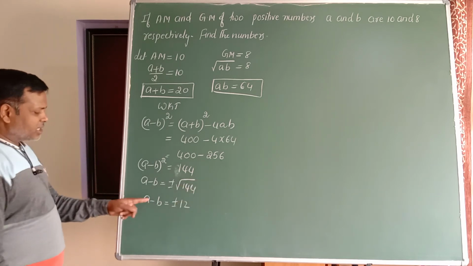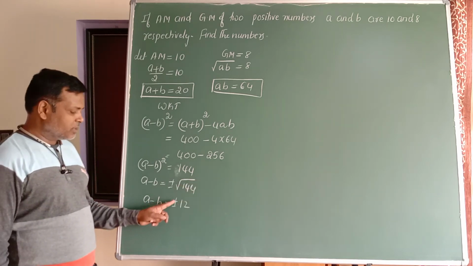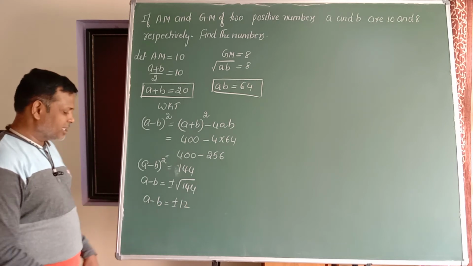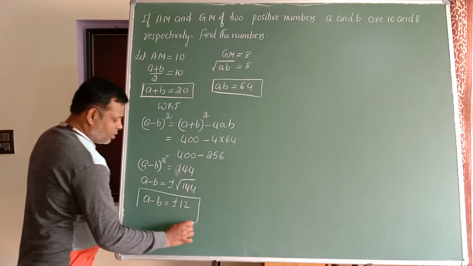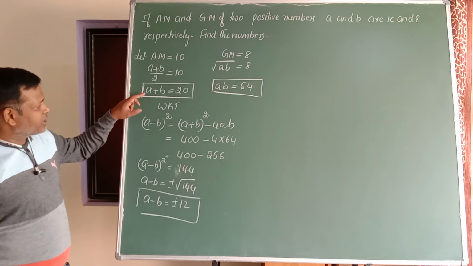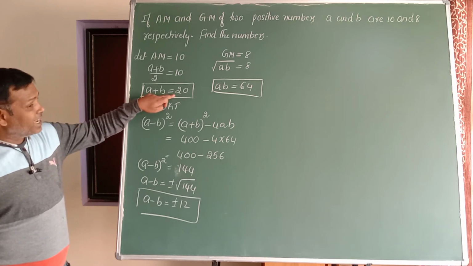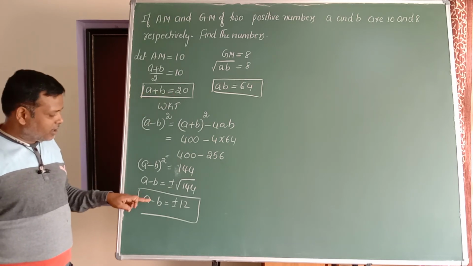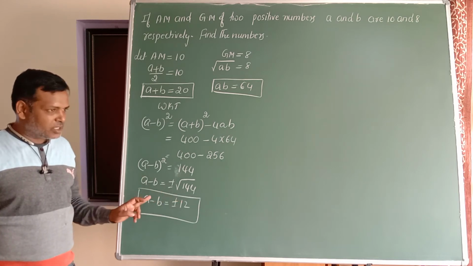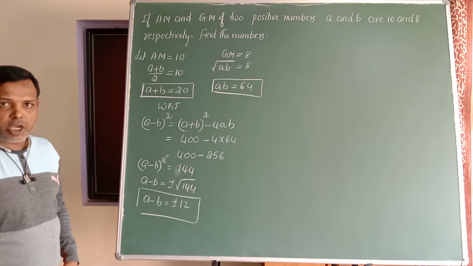It means A minus B has two solutions: A minus B is plus 12 and A minus B is minus 12. Now we have to solve the simultaneous equations. A plus B is equal to 20 always, it is fixed, but A minus B is once plus 12 and another time minus 12. Let me solve those two.